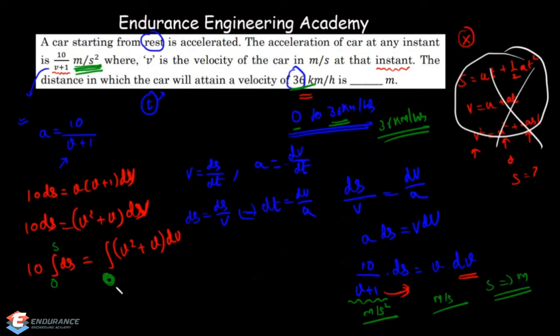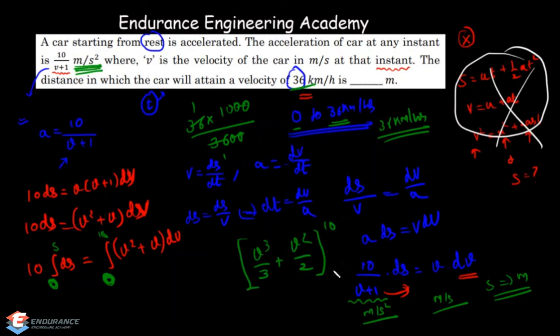So displacement will be in terms of meter. This is 0 meter per second, this is 0 meter, and here the final velocity should be in meter per second. So 36 kilometer means 36 into 10 to the power 3 by 3600. So I can simply cancel this, so it becomes 10. So 0 to 10. Now by integrating it, v cube by 3 plus v square by 2, upper limit is 10 and lower limit is 0.